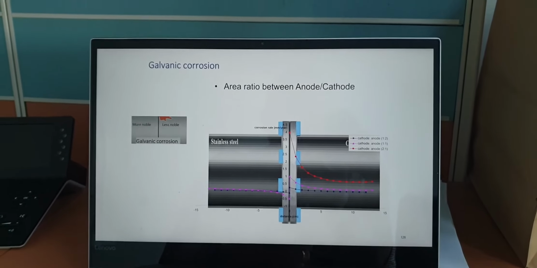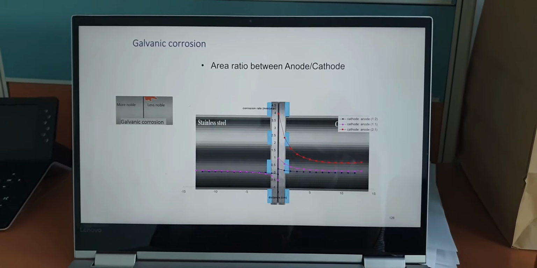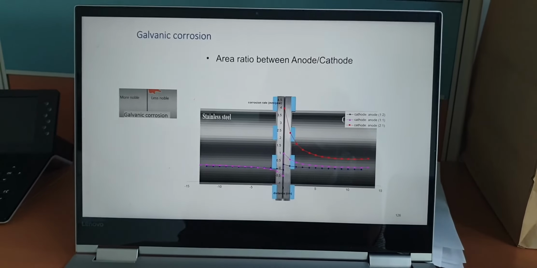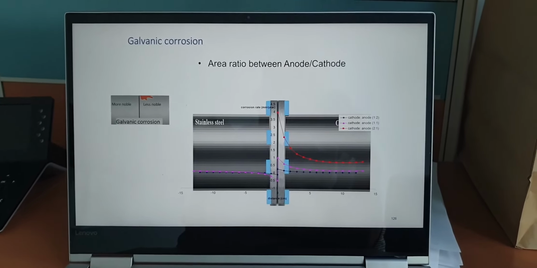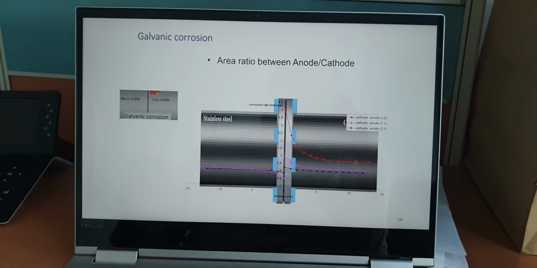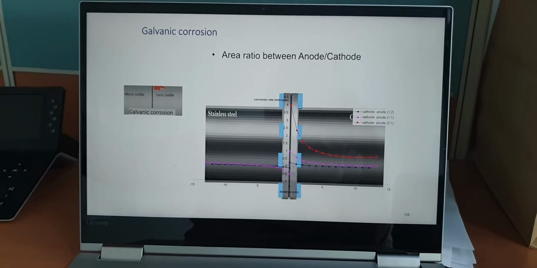One factor that affects galvanic corrosion is the ratio between anode and cathode. Remember, the anode is the one that is corroding, the cathode is the one that is not corroding. So the anode, if it's very small, needs to provide electrons to protect the cathode that could be very large.